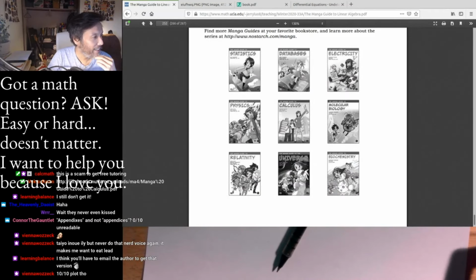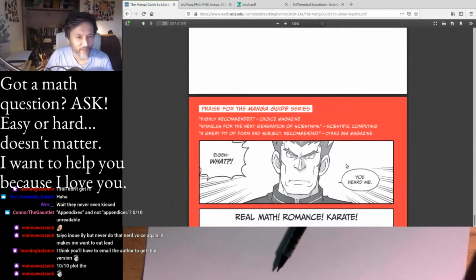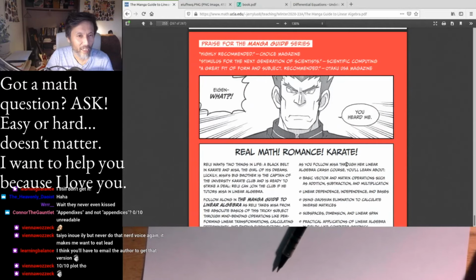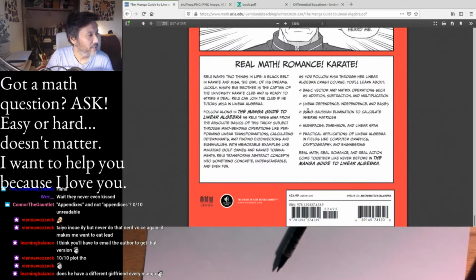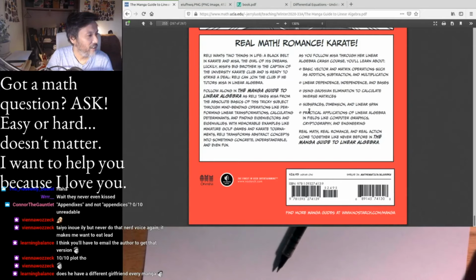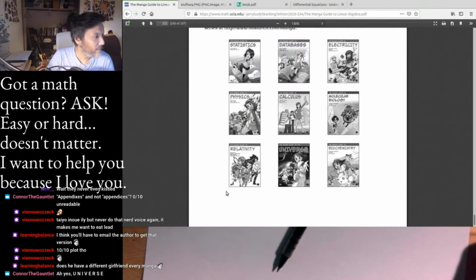More manga guides. Statistics, databases, electricity, physics, calculus, molecular bio, relativity, universe, biochemistry. Praise for the manga guide. Are all, so let's see.